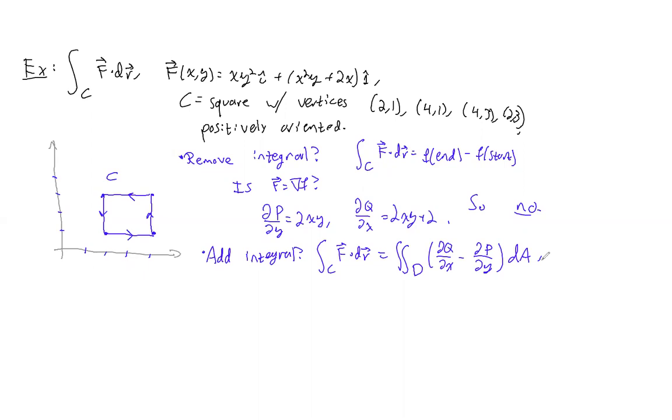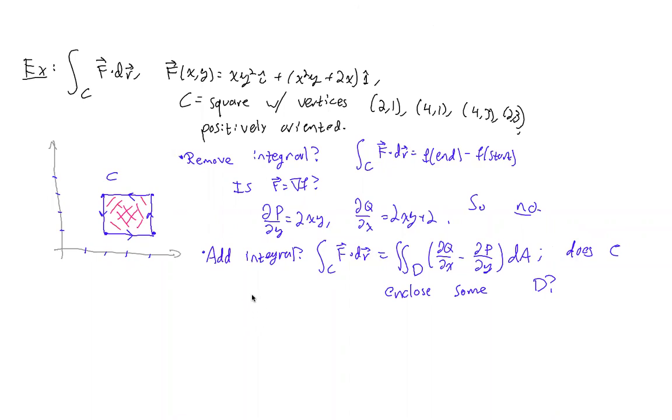And the question is, can you find such a D? So does C enclose some region D? And you look at the picture and you say, well, yeah, of course it does. Here's D. D is this region inside of the square. So yes, of course we're good on that front.